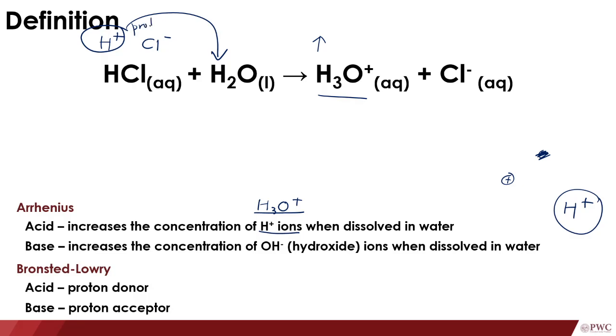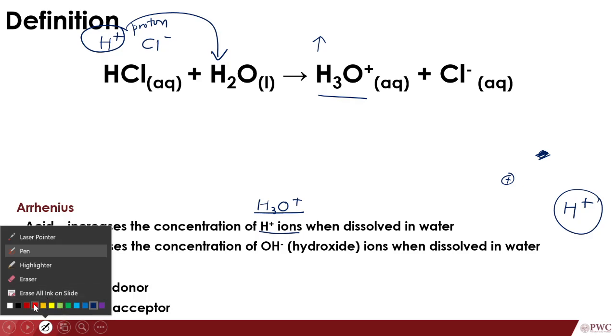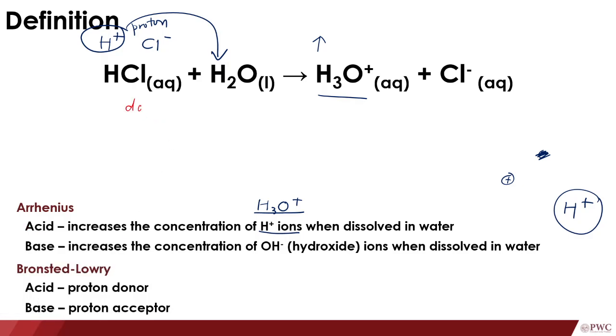Here HCl is donating its proton towards H2O. Let's write that. Here's the HCl, that will be our donor. Then as you observe, this H plus or this proton will be accepted by the H2O, so this one is our acceptor in this case.